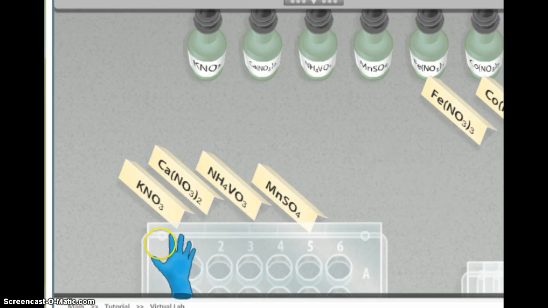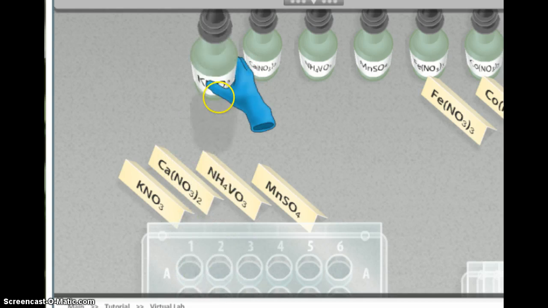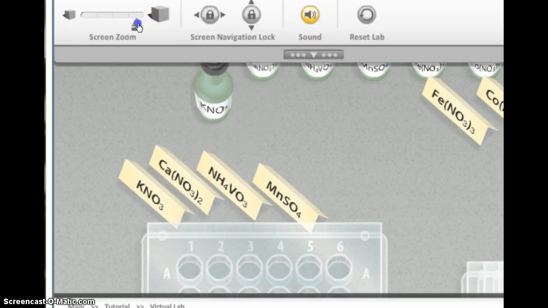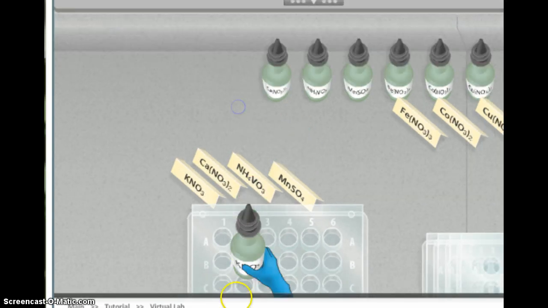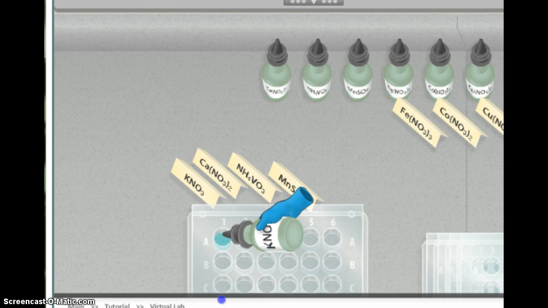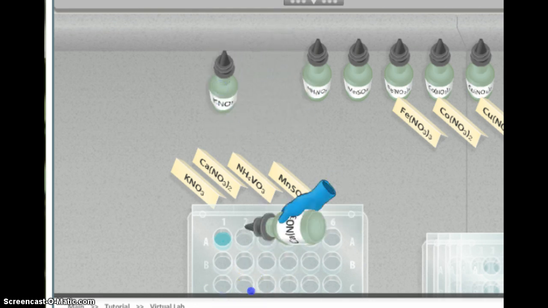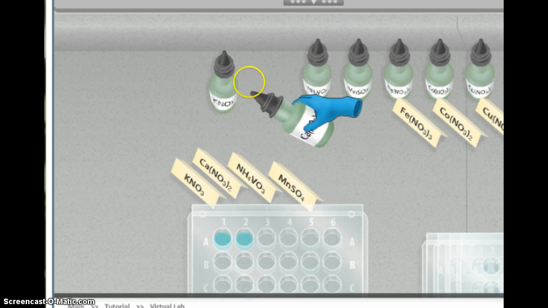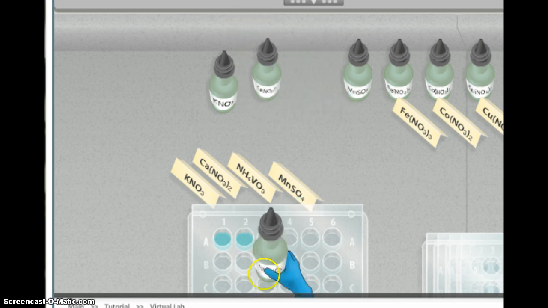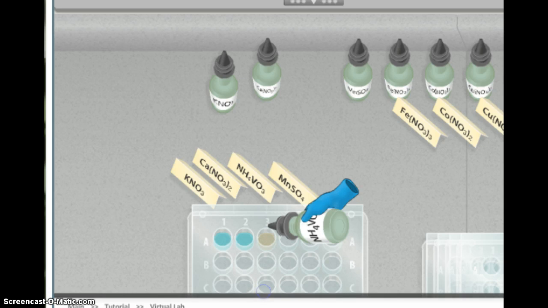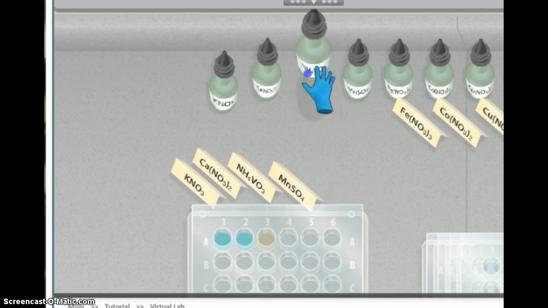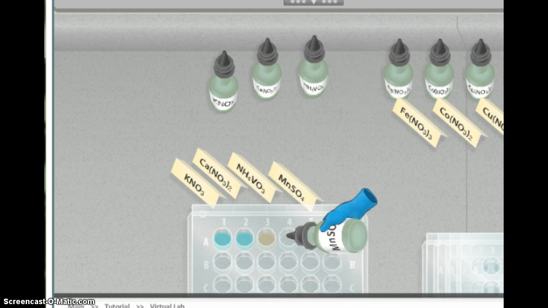I have all of our chemicals going across the top, and I'm just going to add 10 drops of each, after I zoom out a little bit. Next I'll do the calcium nitrate, and the ammonium vanadate, and the manganese sulfate.